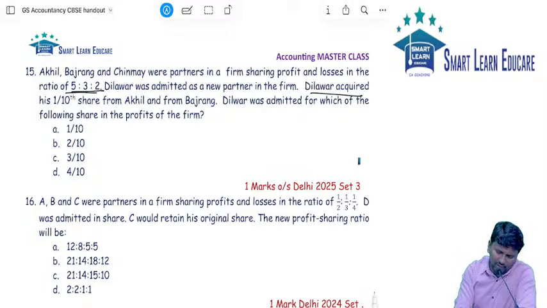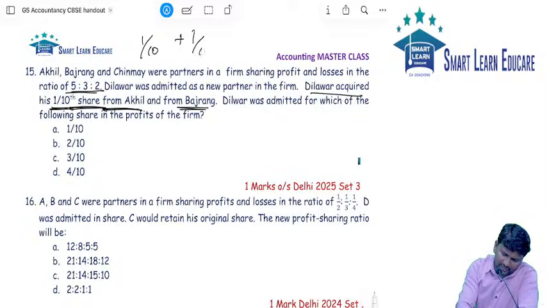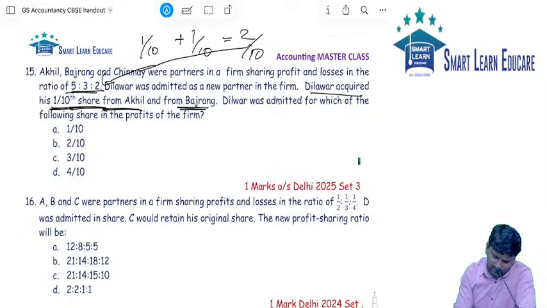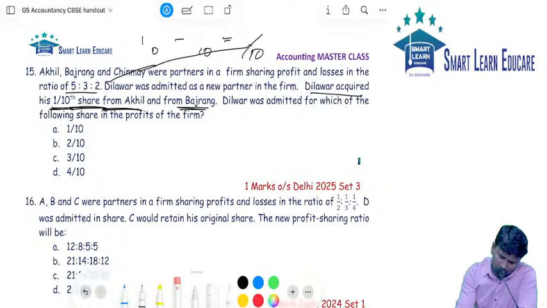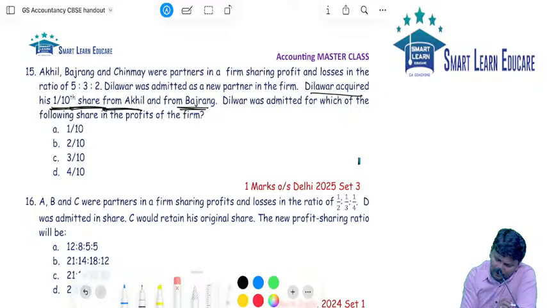D acquired 1/10th share from A and B. A and B ரெண்டு பேர்கிட்ட இருந்து 1/10th he get. அதனால தான் 1/10 plus 1/10 will give you 2/10. இதான் நியூ பார்ட்னரோட ஷேர். 1/10 and 1/10 ரெண்டு பேர்கிட்ட இருந்து வாங்கியிருக்கான். D was admitted for which of the following share?